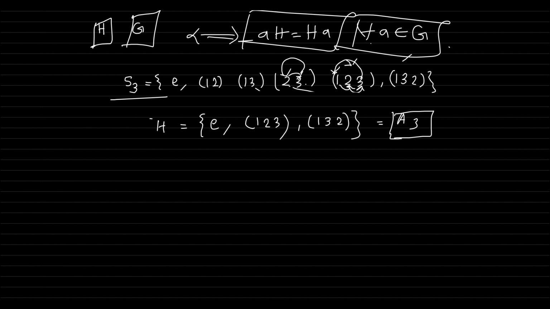This subgroup A3 of S3 will be normal if A3 is equal to A3 conjugated for all elements in S3. Generally we denote the elements in S3 by small letter sigma. Now let sigma be equal to (1 2).